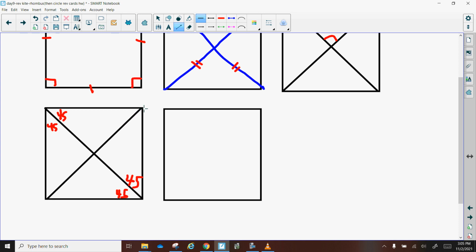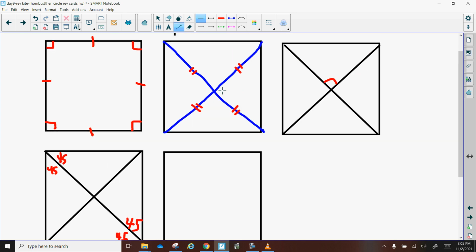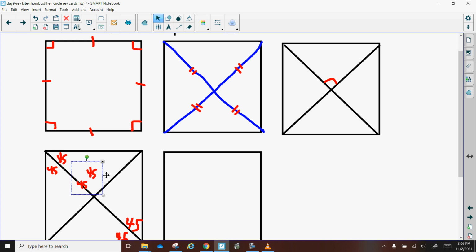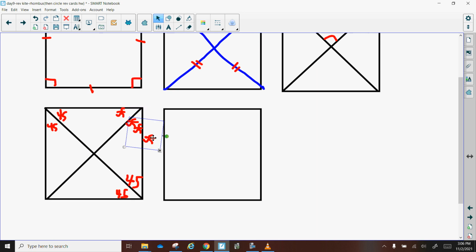Make sure you guys are writing all these things down. The diagonals bisect each other. The diagonals are perpendicular to each other. The diagonals bisect the angles of a square. And I need to make sure I put in there not just that those are 45 degrees, but these angles over here are also 45 degrees going in that direction.